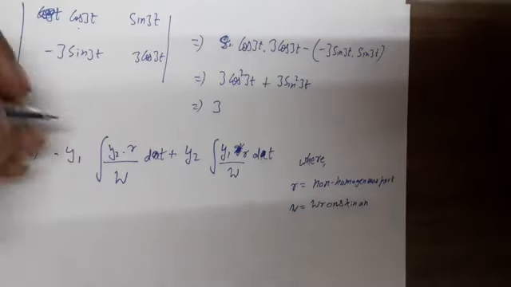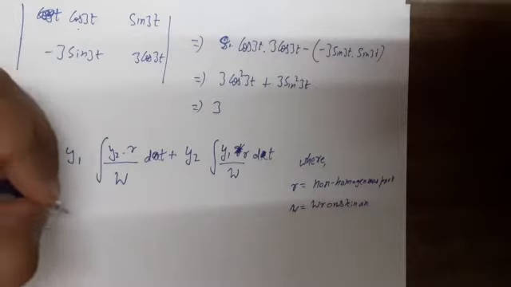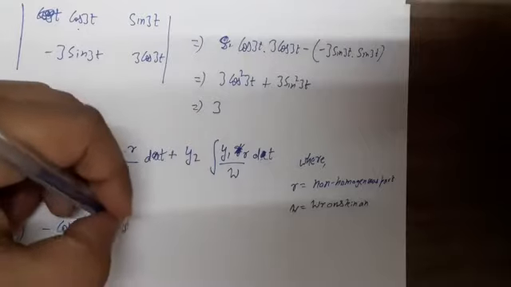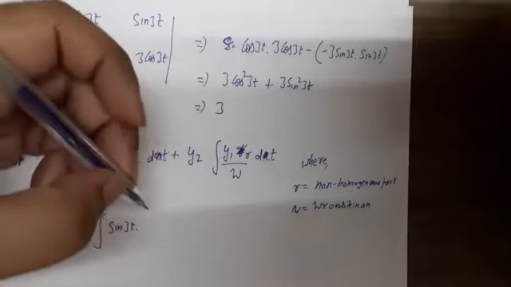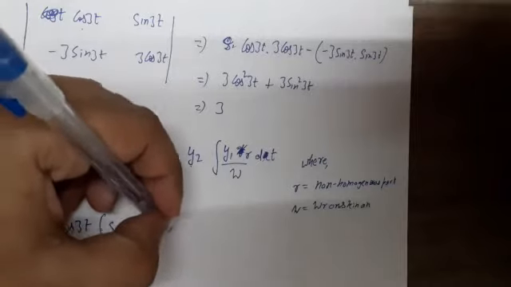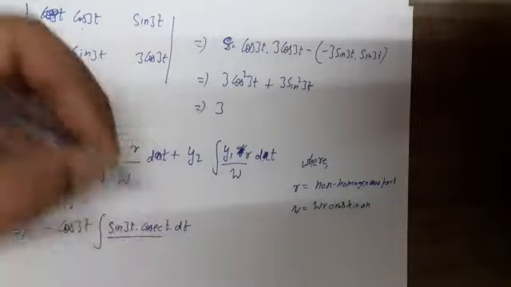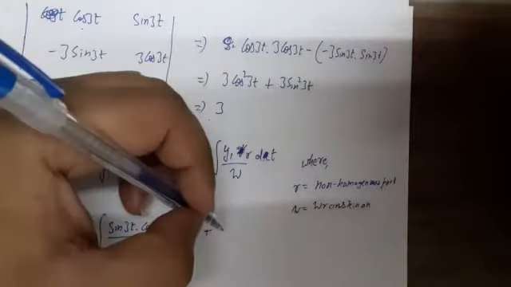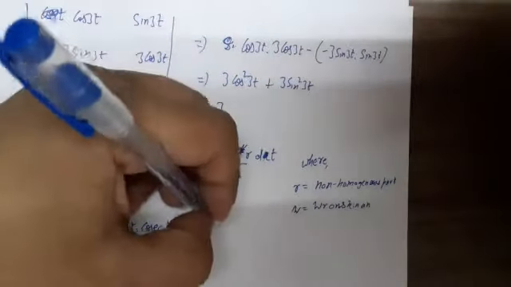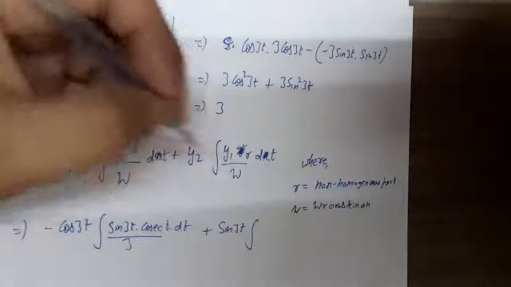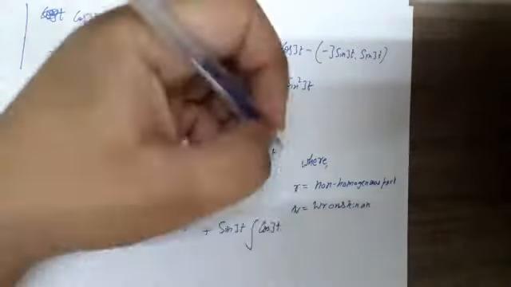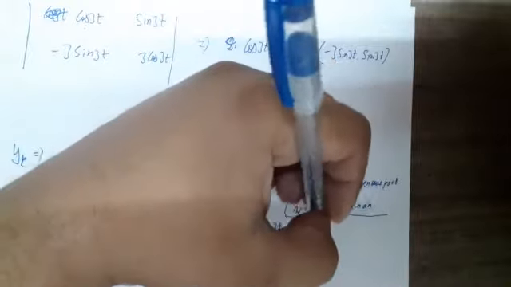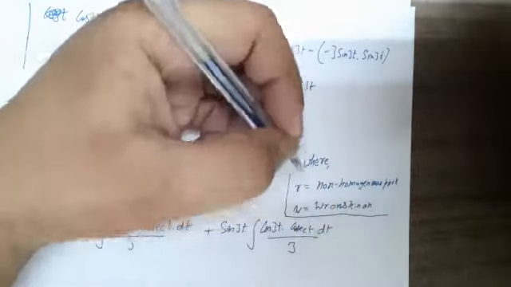So now on putting the values here, y1 equals cos 3t, so minus cos 3t integration of sin 3t, and our r is cosec t, so dot cosec t dt upon W, which is 3, plus y2 which is sin 3t integration of y1 which is cos 3t dot again r, which is cosec t dt upon 3.